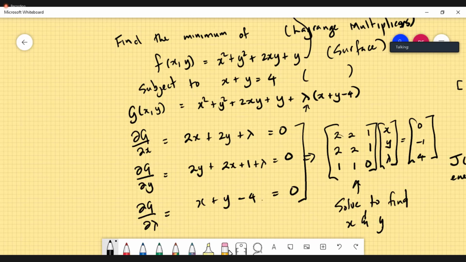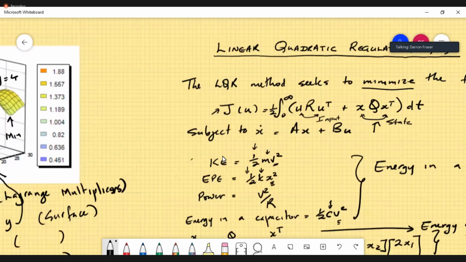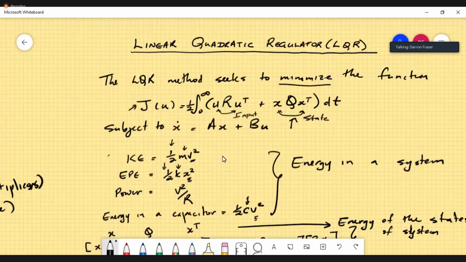Now, let us go back over to here. So we know that x dot equals Ax plus Bu is the equation for the system. And the J(u) that we're trying to minimize is the energy of this system, input energy and the energy of the state.